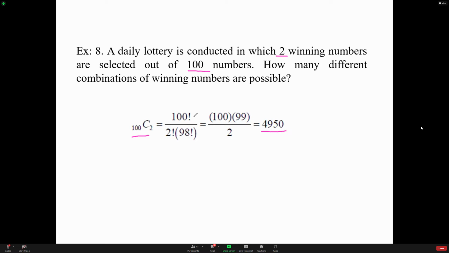In the denominator also you have 98 factorial, so you can cancel out this 98 here and 98 here. So the answer is 4950. All right, any doubt?